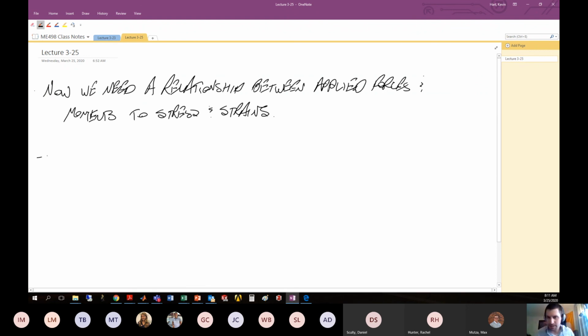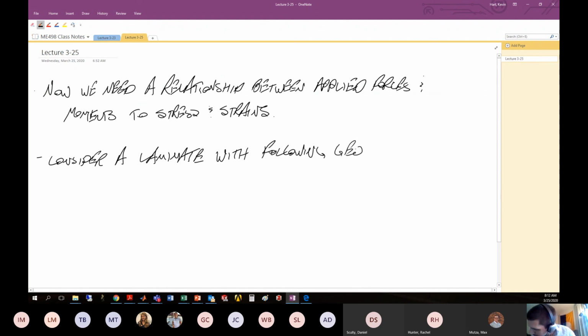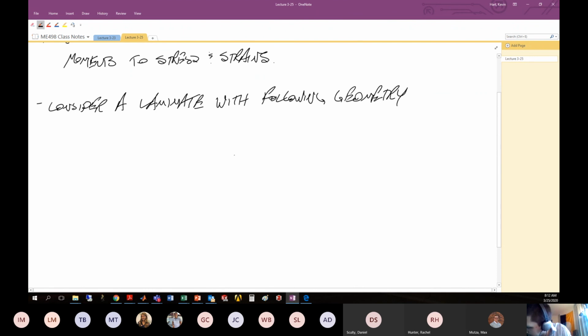So let's consider a laminate with the following geometry. Okay, so we have some laminate here, and I'm just going to define some geometric parameters of this lamina.